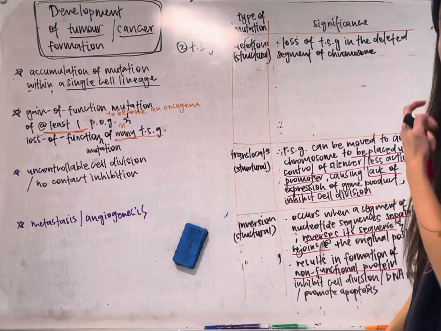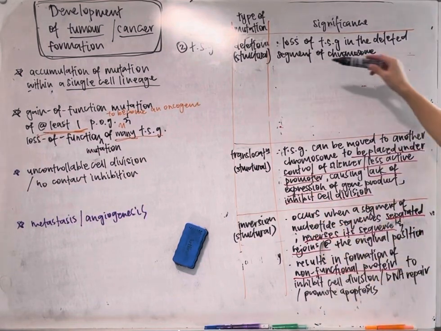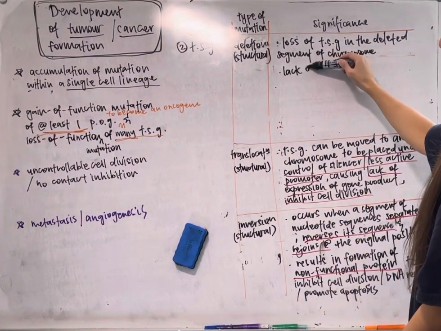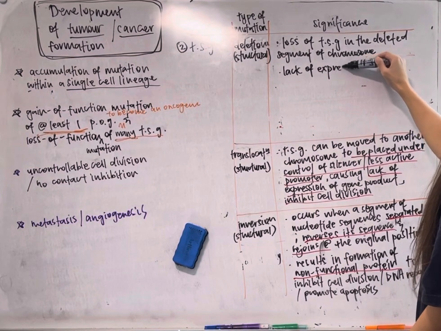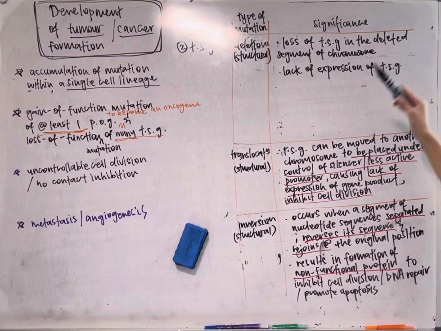Therefore, do you see how I can no longer have expression? So this will just say lack of expression of my tumor suppressor genes.